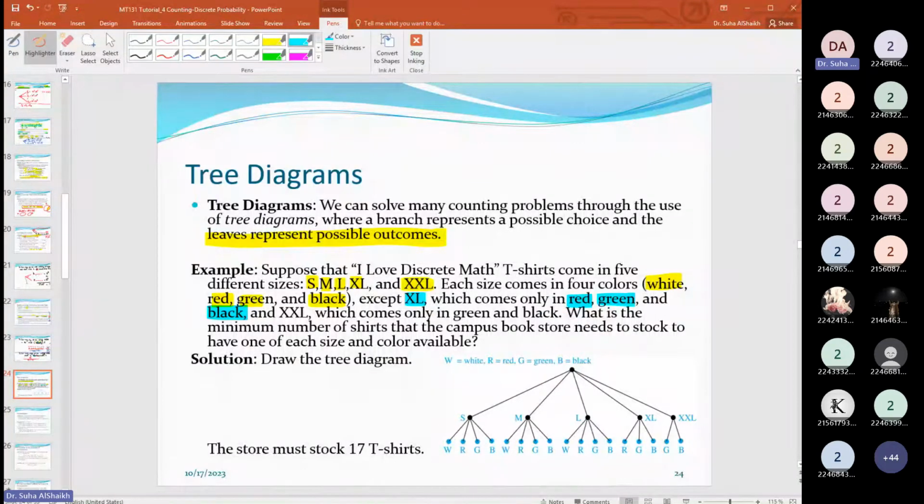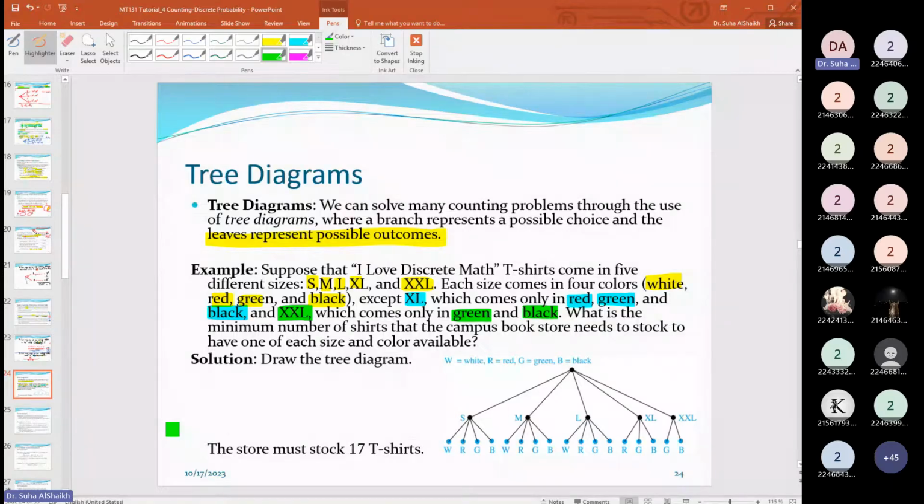And the double X large shirt will come only in green and black. What is the minimum number of shirts that should be in the campus bookstore to stock?